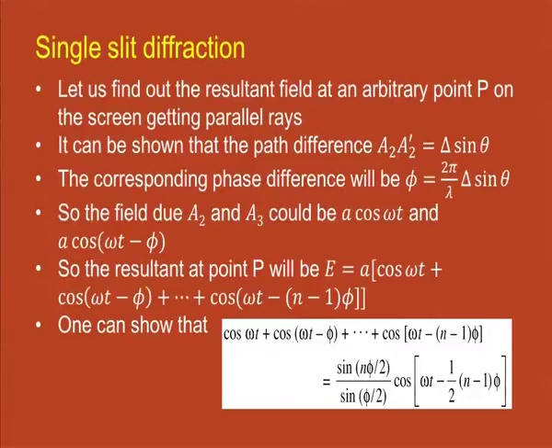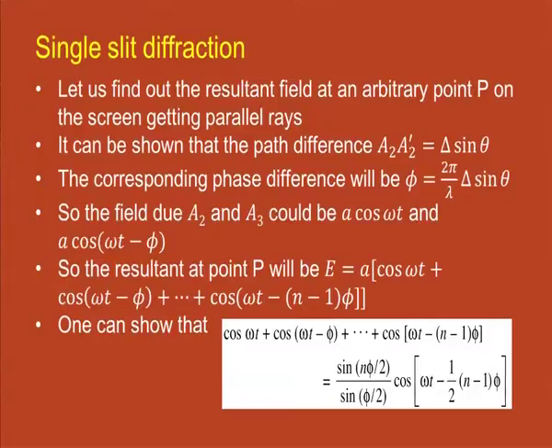So, the fields due to A1 and A2 could be A cos omega t and A cos (omega t minus phi). So, the resultant at point P will be E equal to A into [cos omega t plus cos (omega t minus phi) plus the higher terms till we get cos (omega t minus (n minus 1) phi)].